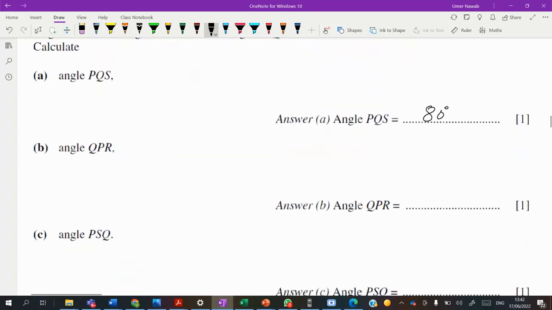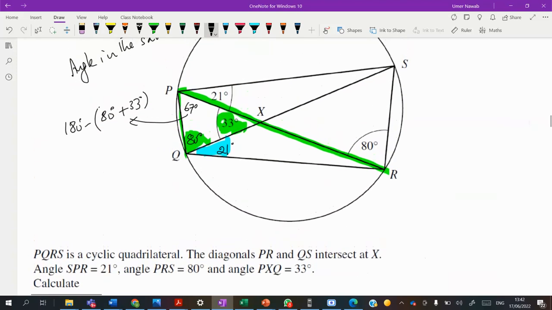Now, do we have any third angle left? Yeah, PSQ. This angle he is asking you. Pretty simple, guys. This angle I can easily find, which comes to 147. What's the reason? Because this is 180.